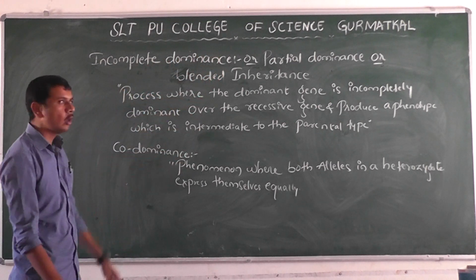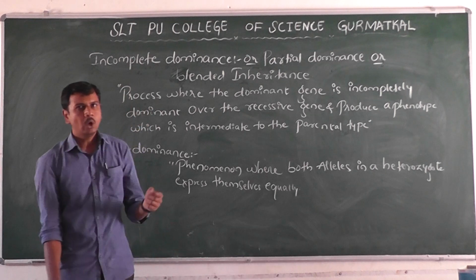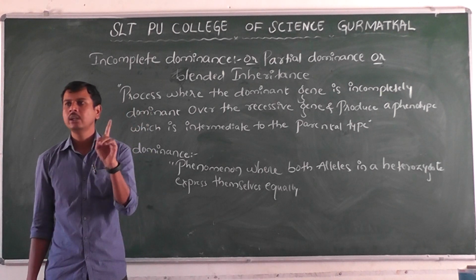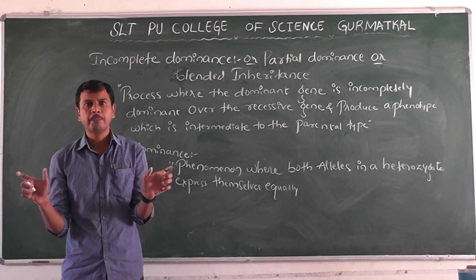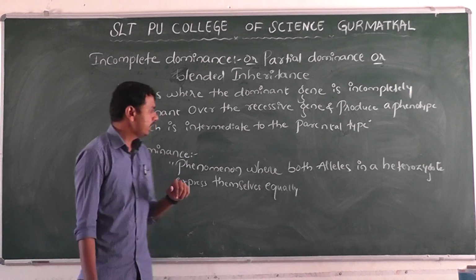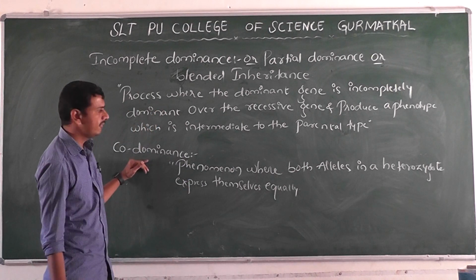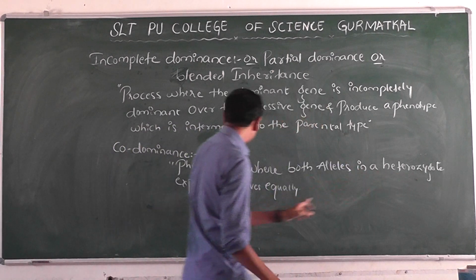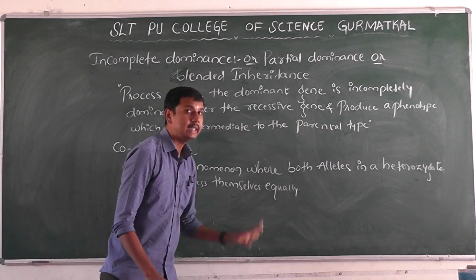Next, codominance. In a monohybrid cross, normally one of the genes acts as dominant. But in codominance, the definition is the phenomenon where both alleles in a heterozygous express themselves equally.